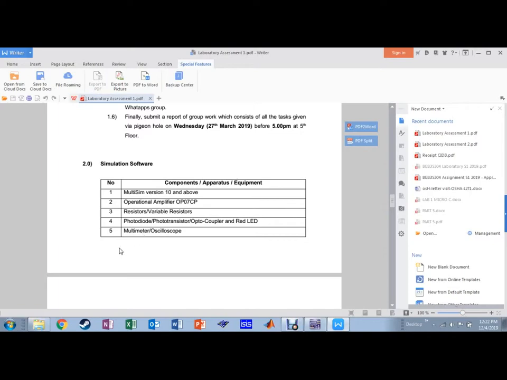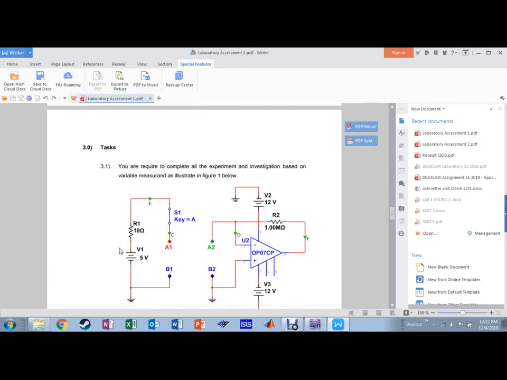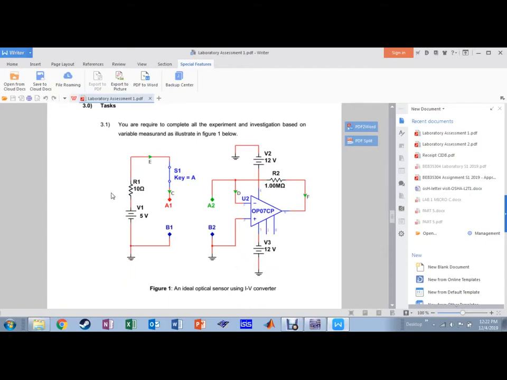So let's see the figure that we want to construct using Multisim. Figure 1 shows the circuit construction, which we need to simulate. So let's proceed.